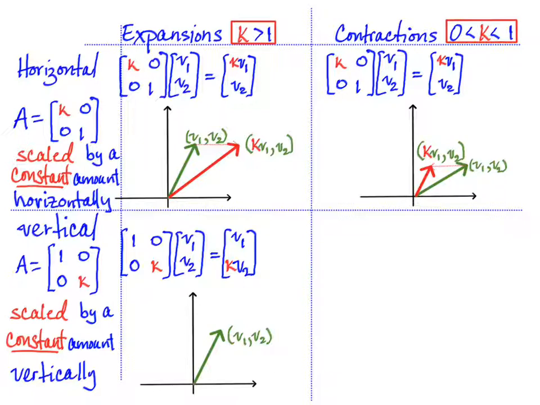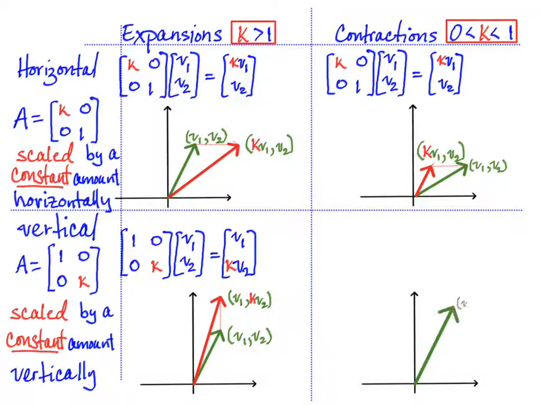So that means the vertical component, if k is greater than 1, got moved up. The horizontal component stays the same. So the image of v1, v2 is v1 and then k times v2. And since k is bigger than 1, it's higher.